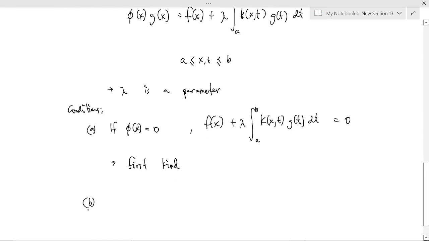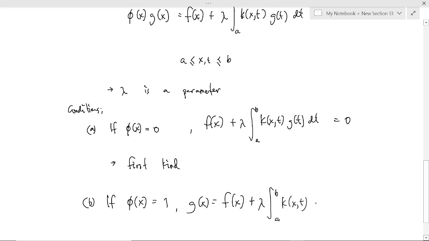Now we have the second condition for this integral equation. What if our phi of x is equal to 1? So if this is equal to 1, what's left on the left-hand side is g of x. We have g of x is equal to f of x plus lambda times the integral evaluated from a to b of the kernel k(x,t) times g(t) dt.